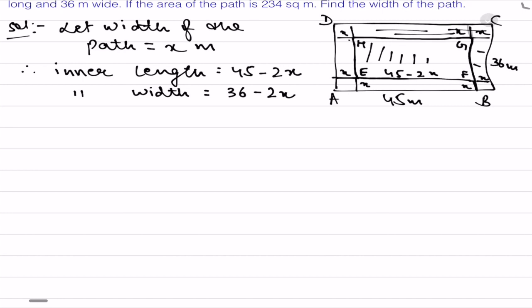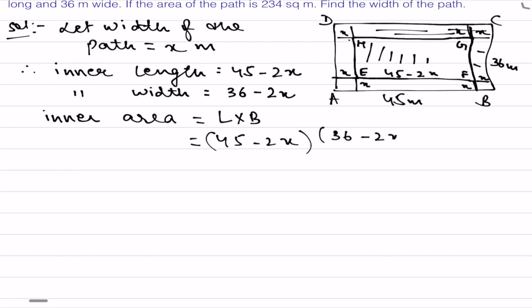So now can we see the inner area of the park? The inner portion is also a rectangle, so rectangle area is L into B. So (45 minus 2x) into (36 minus 2x). And the outer area of the rectangle is also L into B, that is 45 into 36.